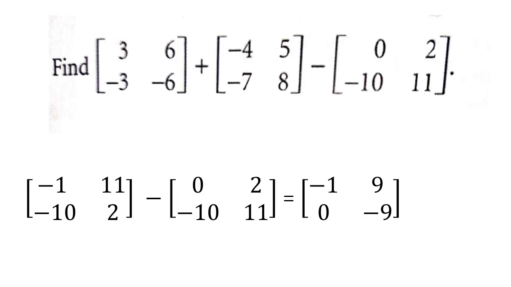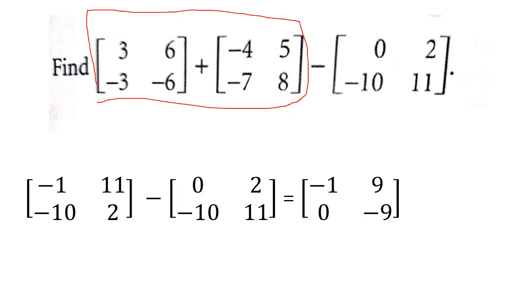3 and 6, negative 3 minus 6, plus negative 4, 5, negative 7, 8, minus 0, negative 10, 2, 11. So you can't make all operations at once, but you can make them in two steps. So we're gonna find first the plus between these matrices, and in the last step we're gonna make minus the third matrix.